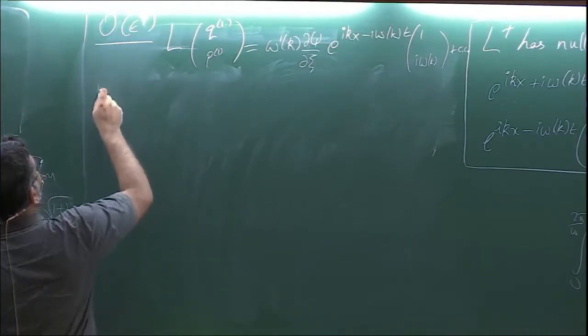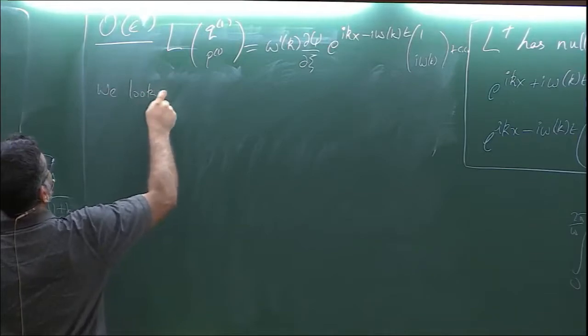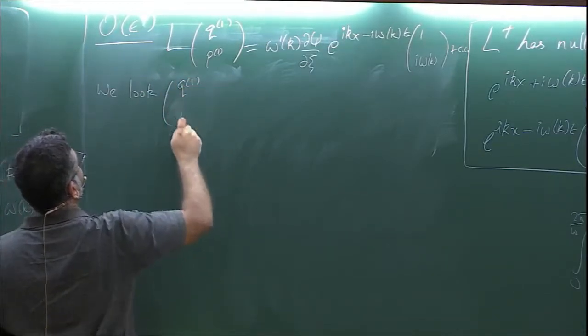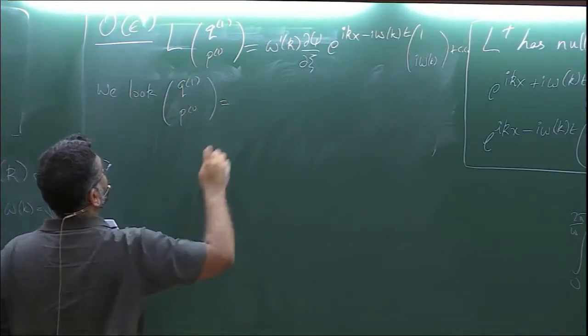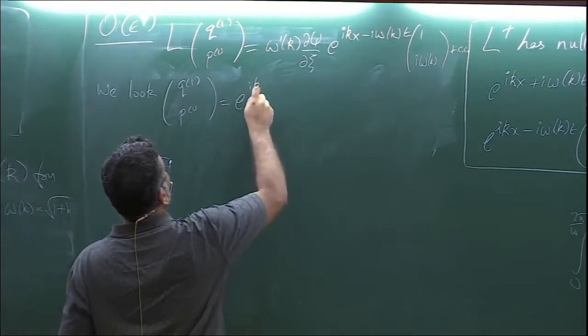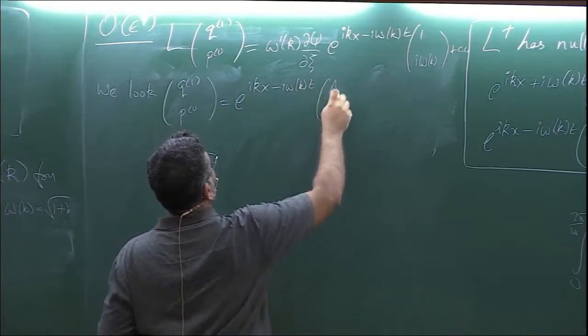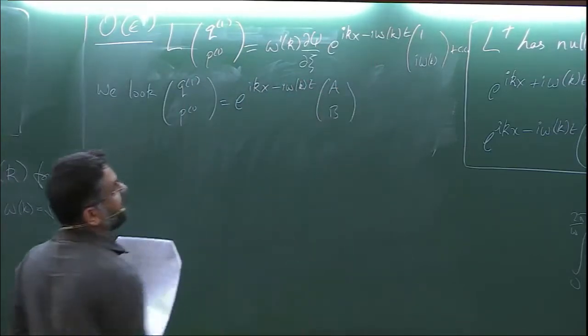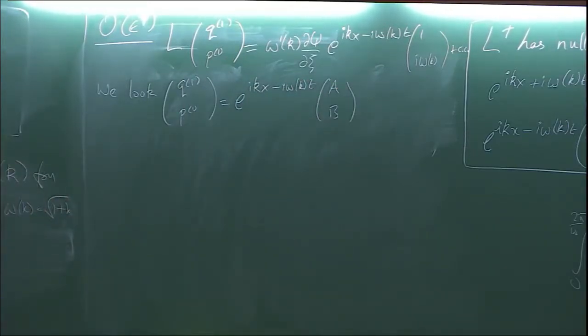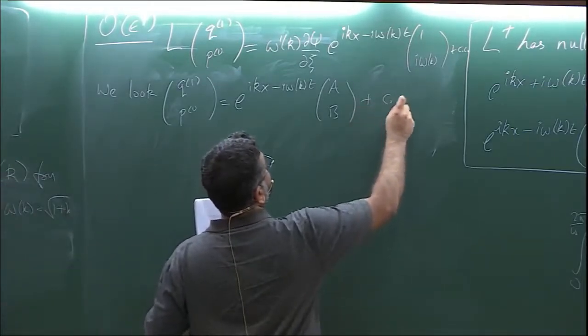We look for solutions Q1, P1 to be e to the ikx minus I omega t times A B, because I have exponential of that form. So let me just do something like undetermined coefficients, plug in the exponential I see, and try to solve. When you do that, you end up with, well, let's say plus complex conjugate.